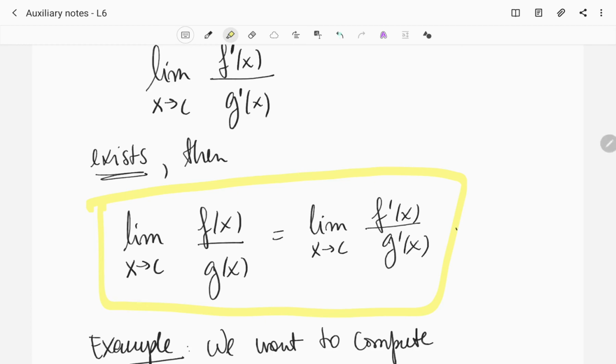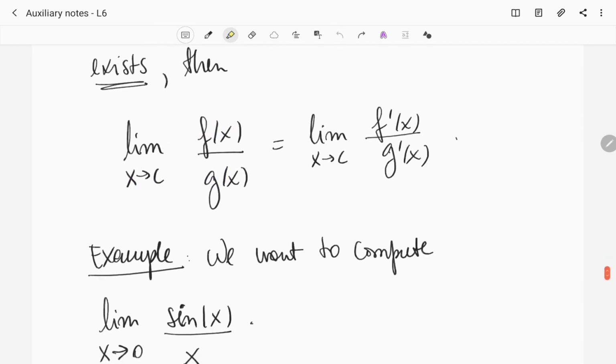So remember, if f and g verify one of these two assumptions, both go to 0 when x goes to c, or both go to plus or minus infinity when x goes to c, then we can compute this other limit with the derivatives of f and g, and they will coincide. Okay, that's the rule. Let's see some example.